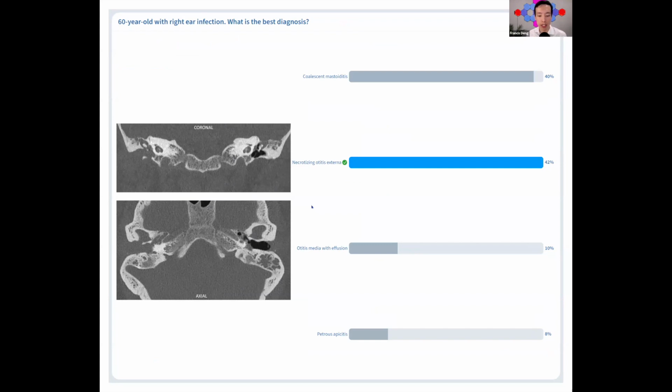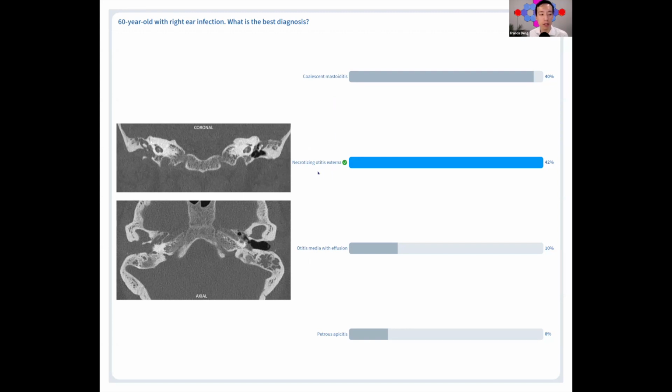The CT is obtained because the otolaryngologist wants to basically exclude bone erosion that would point either to necrotizing otitis externa or coalescent mastoiditis. But the location of pain may be slightly different and clinically distinguishable.